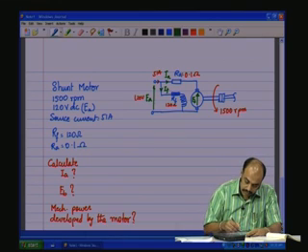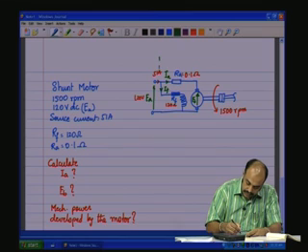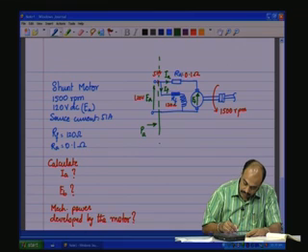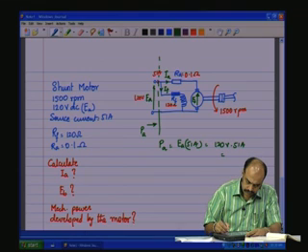So, let us first find the power which is drawn from the source, P source. So, it will be EA into 51 amps, which is 120 volts into 51 amps, which is equal to 6120 watts.